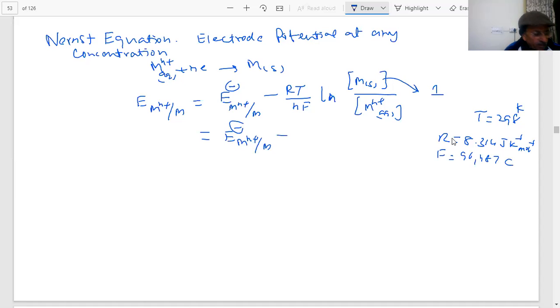If we put in these values, students, then this simplifies to 0.059; we convert ln into 2.303 log. So 0.059 by n, students. This is 1. So what will it be? The molar concentration of this ion. If I know this, then I can find the value of this.